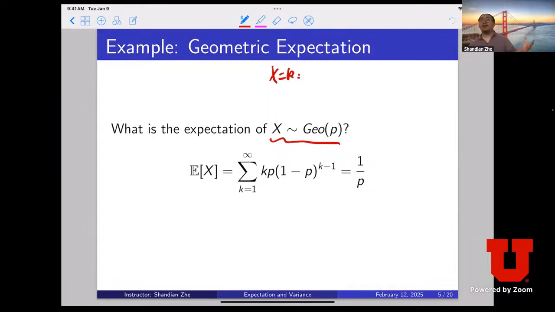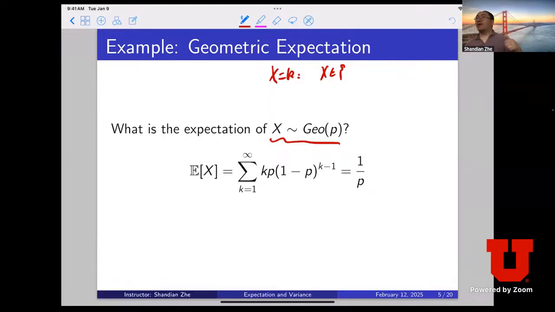It implies that the first K minus 1 trials are failures, and then the kth trial succeeded. That means the range of the random variable is just the positive integers.